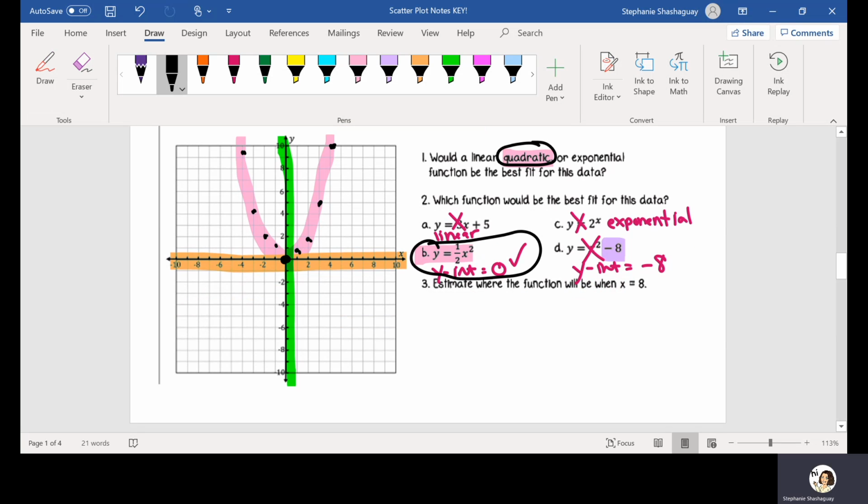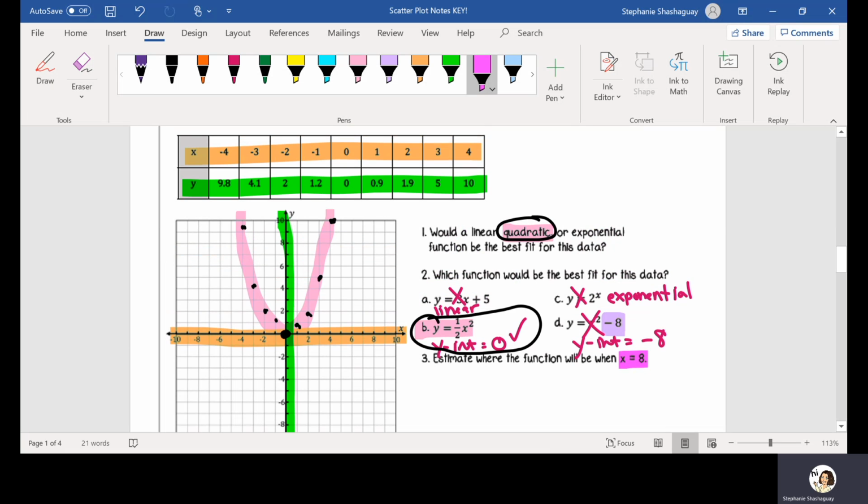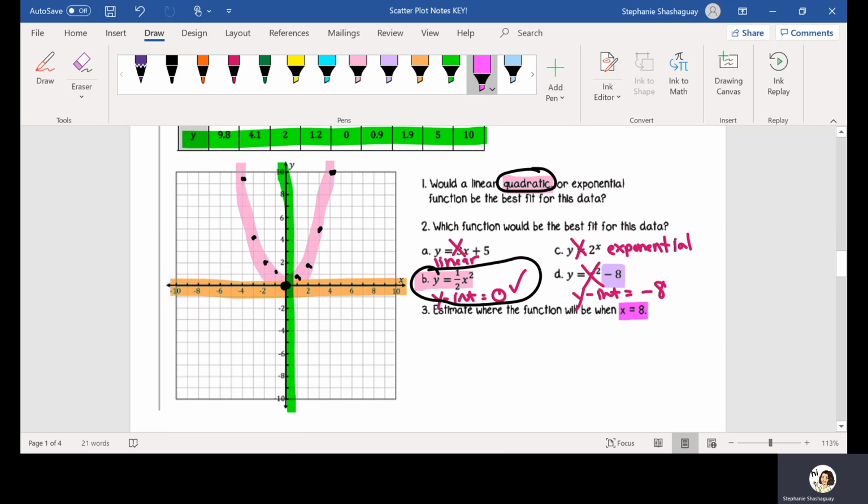Then question 3 says estimate where the function will be when x is equal to 8. Okay, so x is equal to 8 was not given to us in our table. So what we need to do is take this function, y equals 1/2 x squared, but now we're going to fill in that 8 for my x. So really, we have f of 8.